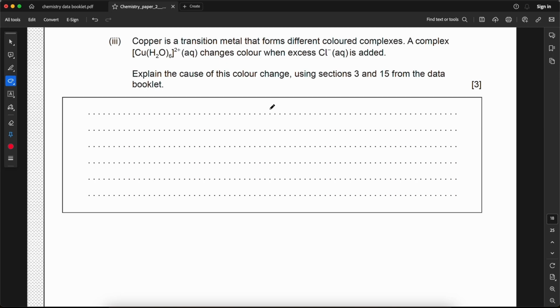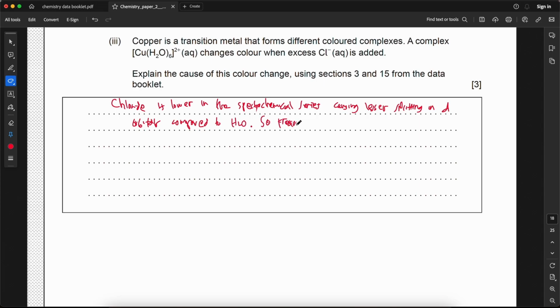A complex [Cu(H2O)6]2+ changes color when excess Cl- is added. Cl-, or chloride, is lower in the spectrochemical series, causing lesser splitting in d orbitals compared to H2O.